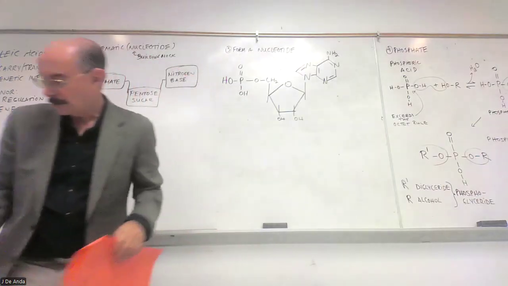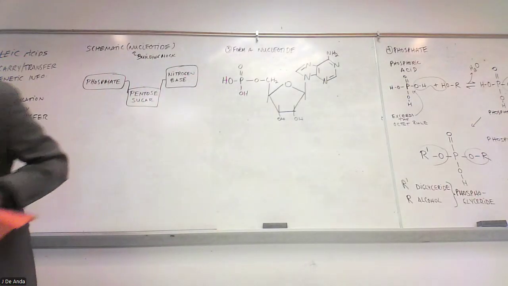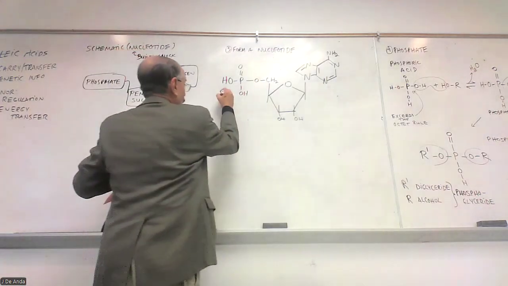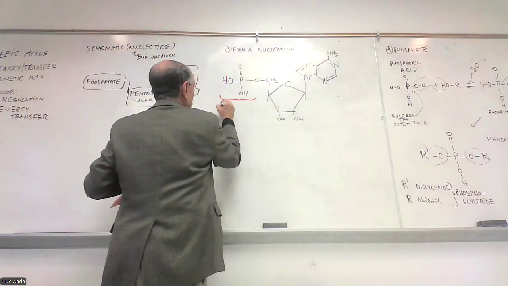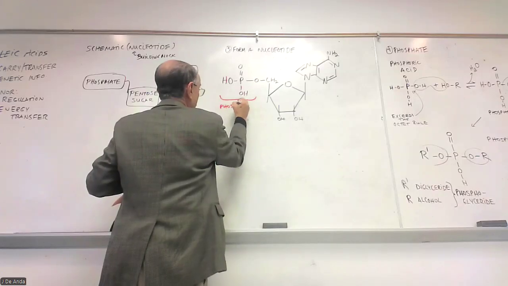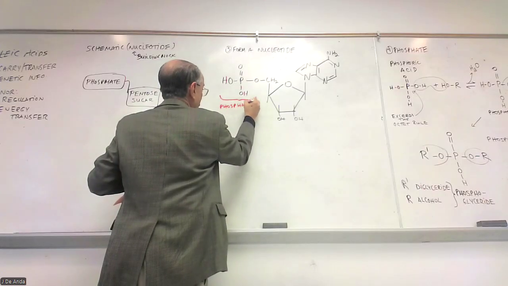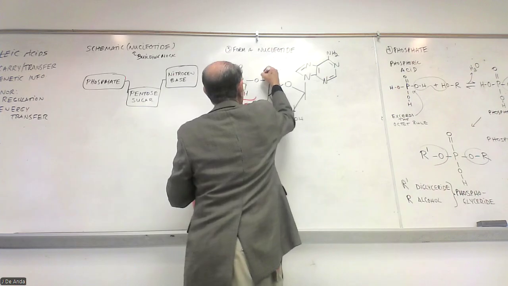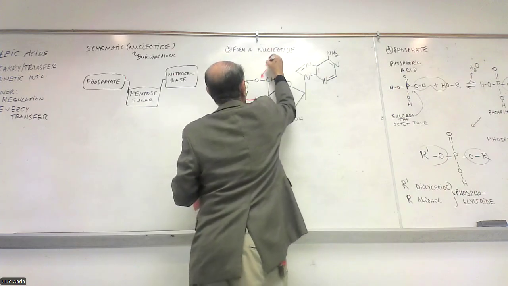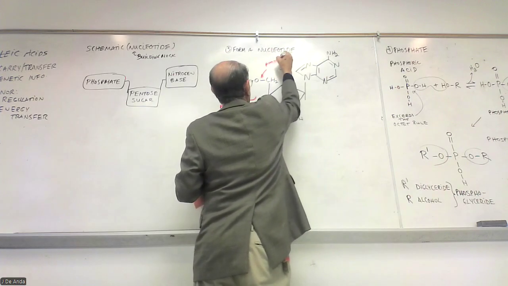Again, let me get a different color marker here. So here is our phosphate group. This over here is what we would call a phosphoester bond.